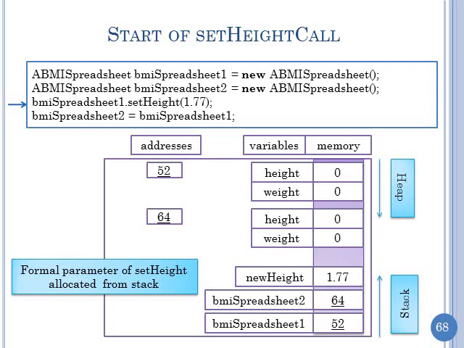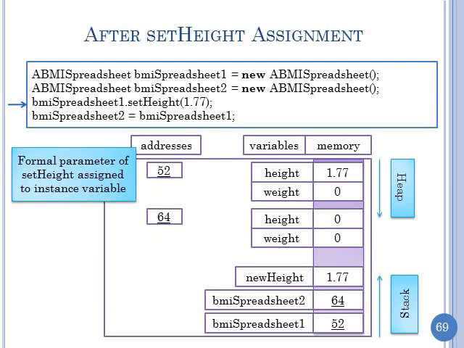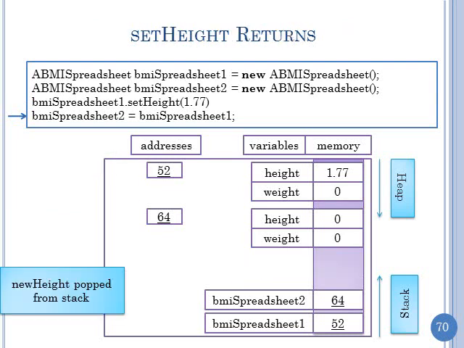And then this value now goes into set height. And when we finish set height, what will happen in memory? When we finish set height and come to BMI spreadsheet 2 is assigned BMI spreadsheet 1, at that point, what will memory look like? New height will go away. Okay? Just pop from the stack.